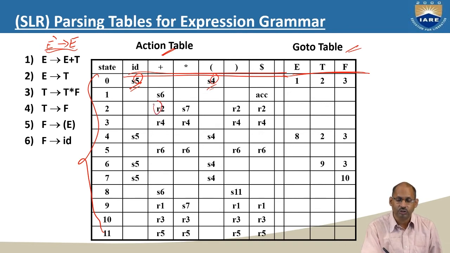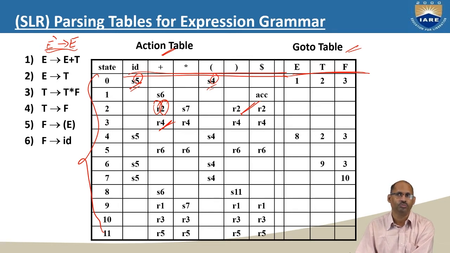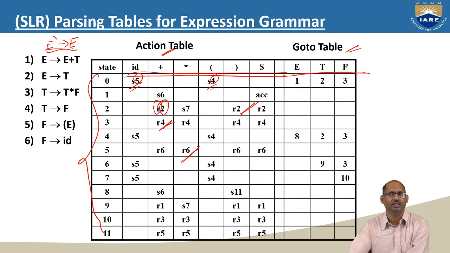Here R indicates the reduce action. R4 means reduce by production number 4. R2 means reduce by production number 2. R6 means reduce by production number 6.